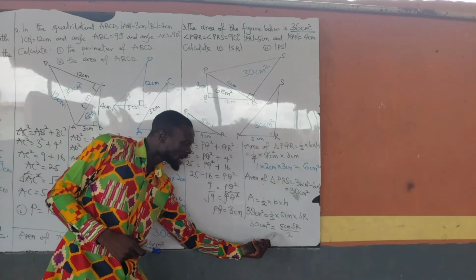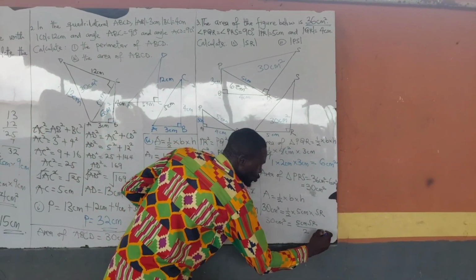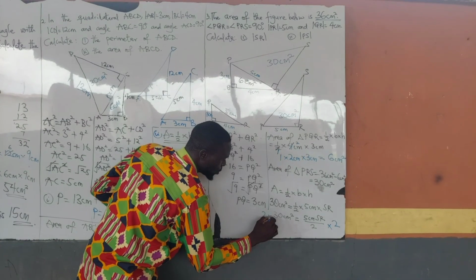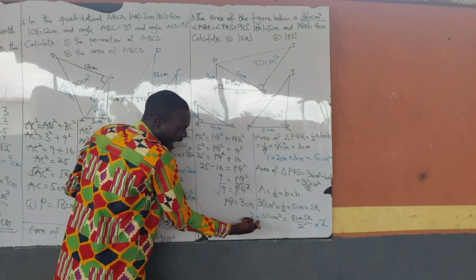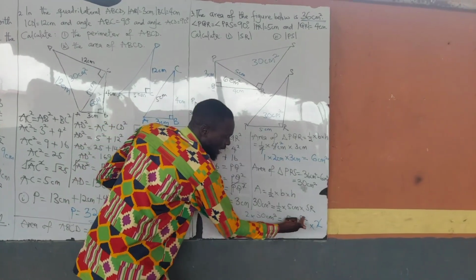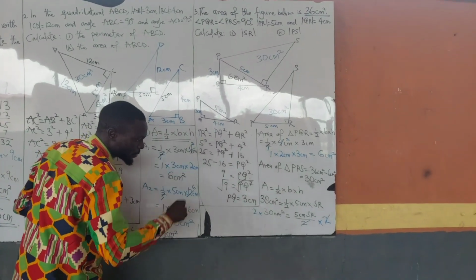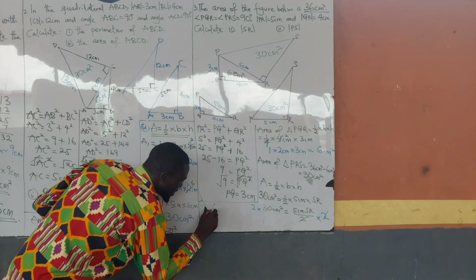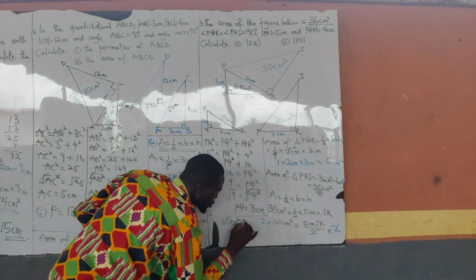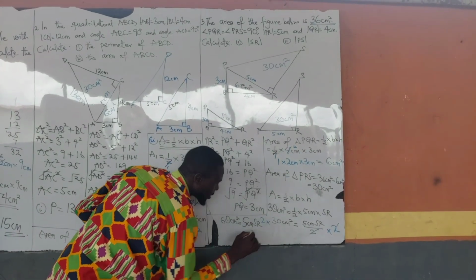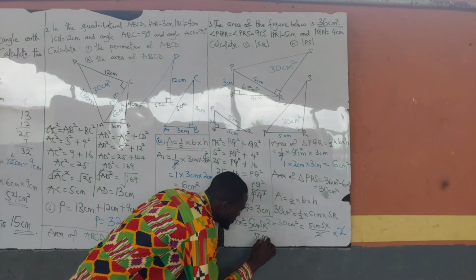The fraction cancels out with the LCM, which is 2. So we are going to say 2 will multiply, 2 will multiply. So this will cancel out this. Now we are going to get 2 times 30 centimeters squared is equal to this. So this is going to give us an equation: 60 centimeters squared is equal to 5 centimeters SR. I want SR. So I'm going to divide both sides by 5 centimeters.